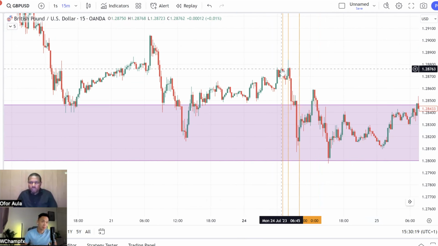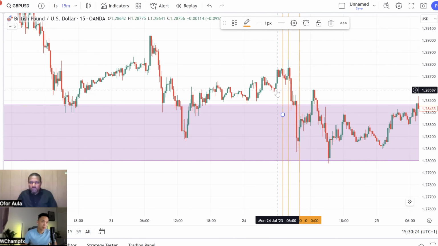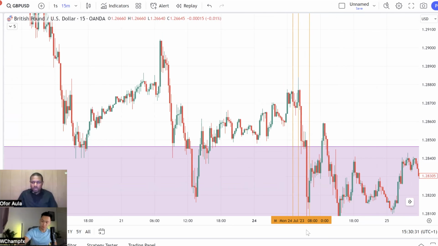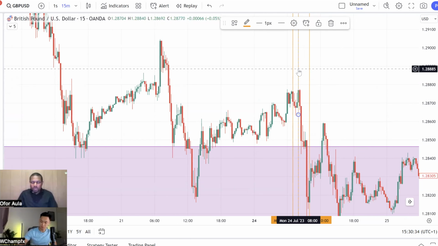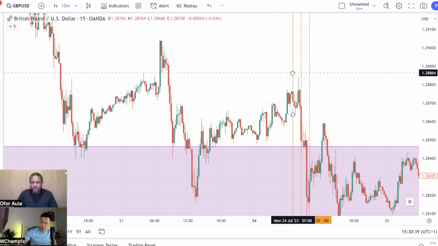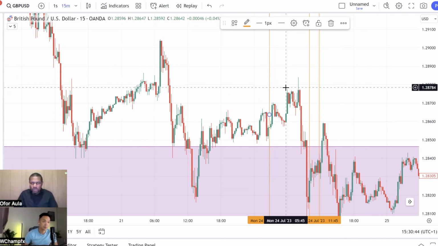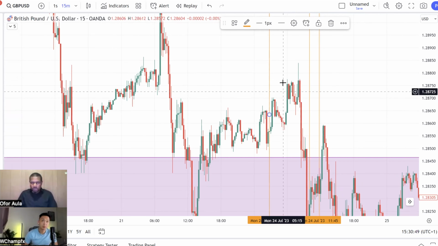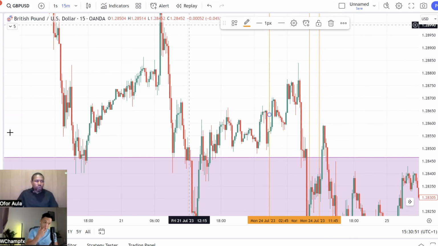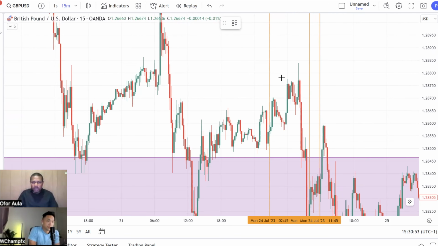I'm trying to ensure my timing is all right, 6 o'clock, 7. I have to adjust the lines a bit so I can see properly. Then I draw a vertical line.